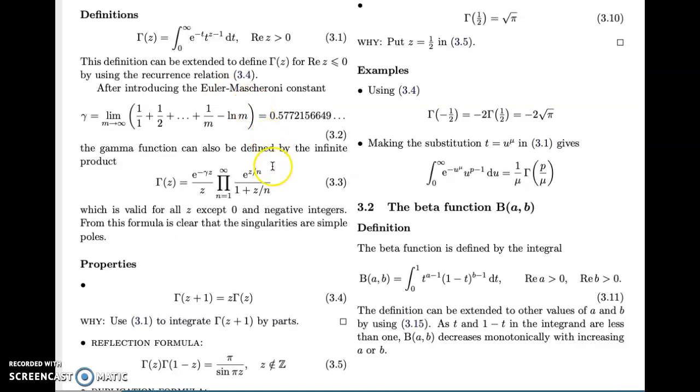There's actually another way you can write it down, which I just mention for interest. It can also be defined in terms of this strange looking infinite product, where little gamma is a special constant, which is used in higher applied maths.